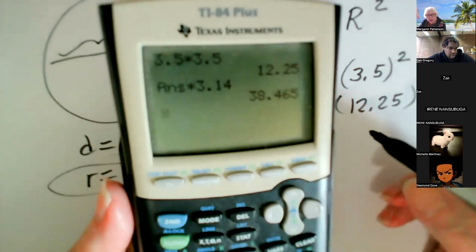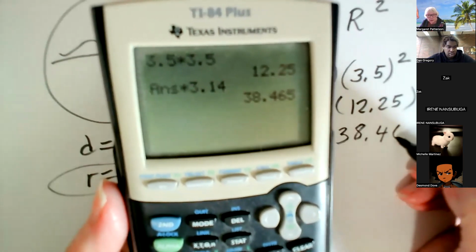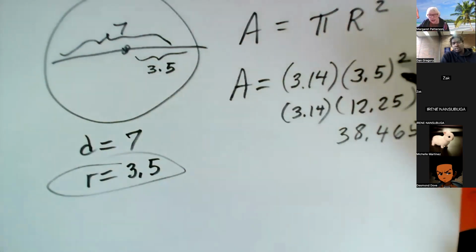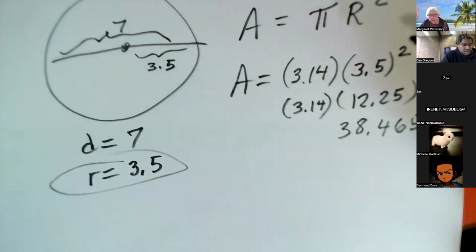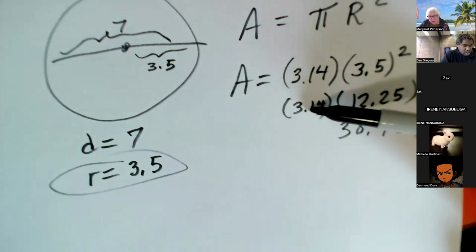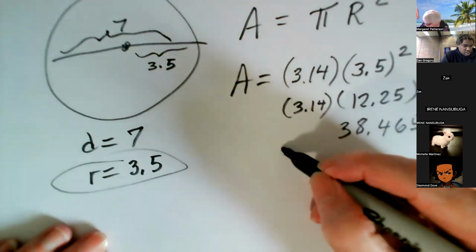So I'm getting 38.465. Okay, so see what happened. I did the squaring first, and you could do it by hand, but honestly, it would take a while. And then I got that number. And then I multiplied that answer by 3.14, and I got that number.